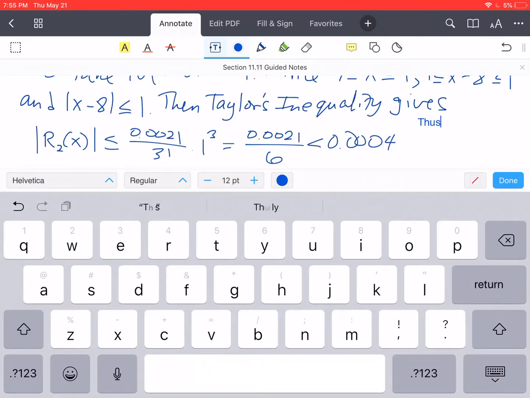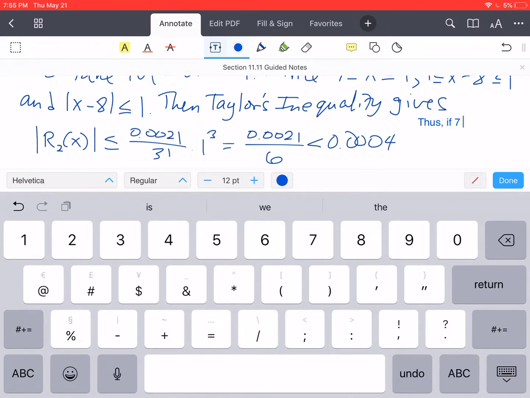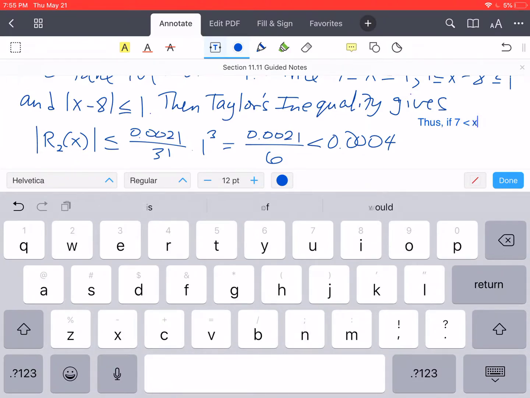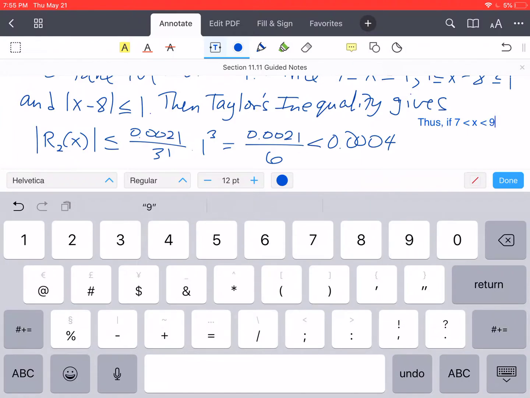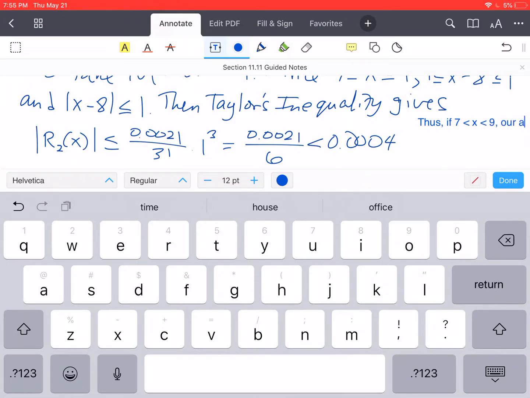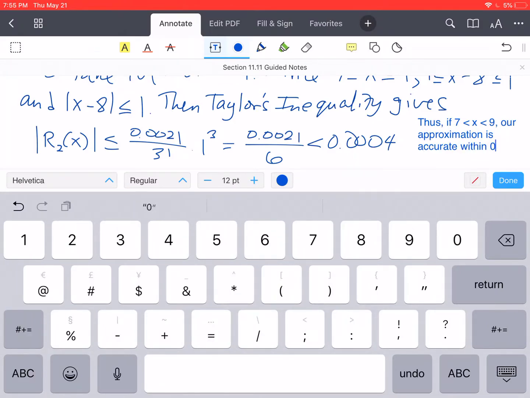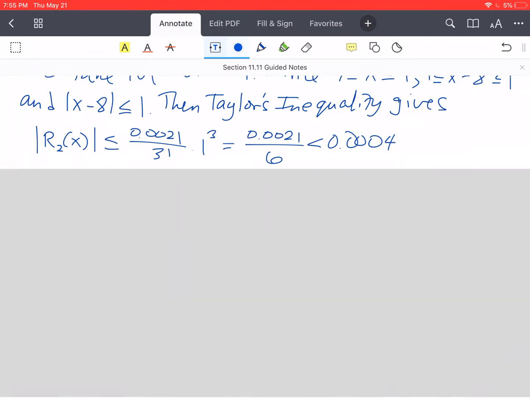So thus, if x is between 7 and 9, and I'll add the equality in just a second, 7 and 9, our approximation is accurate within 0.0004.